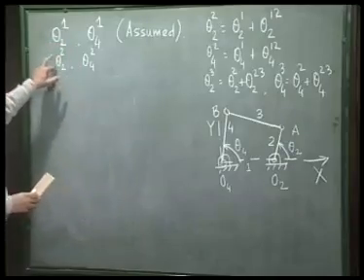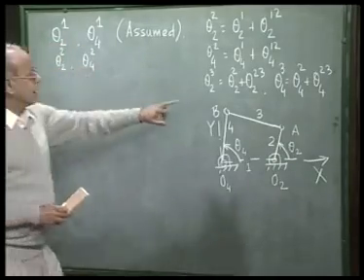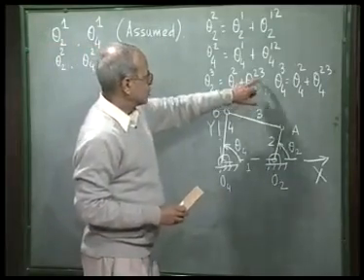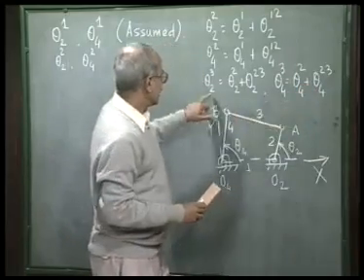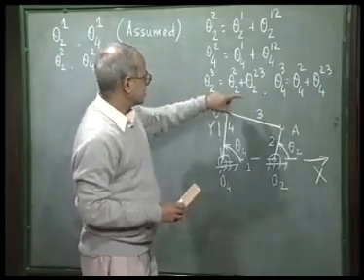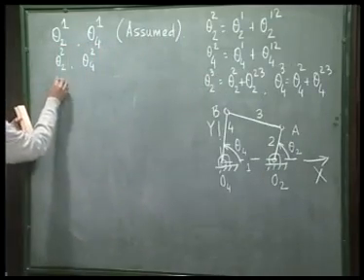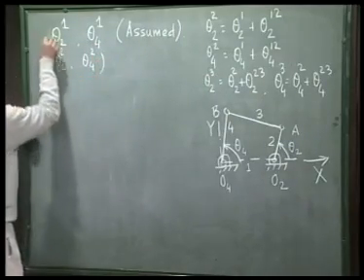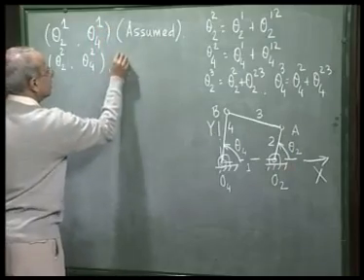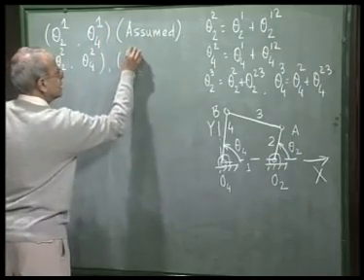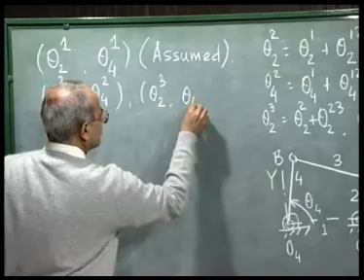So, once we know theta 2 2 and theta 4 2, and we are given theta 2 2 3 and theta 4 2 3, I can get the values of theta 2 and theta 4 corresponding to the third configuration, namely theta 2 3 and theta 4 3.